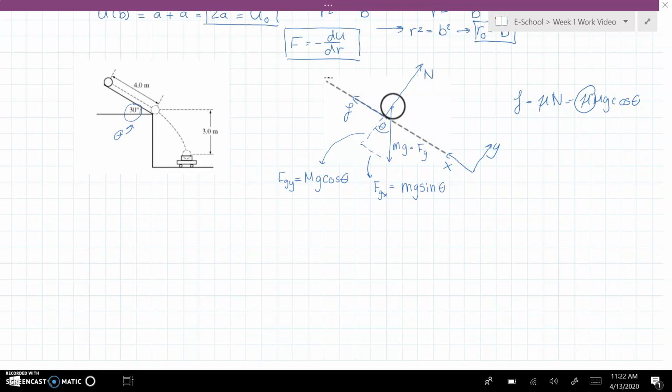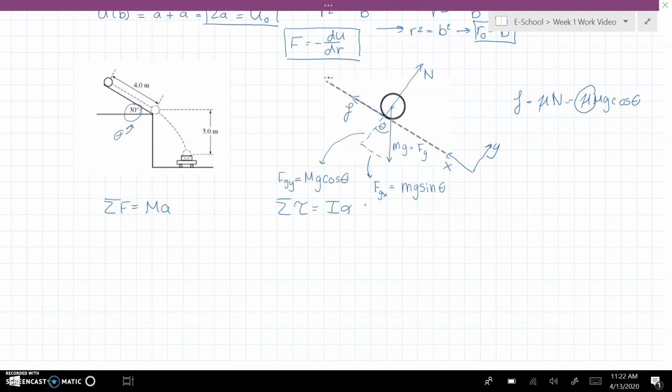So the basic idea here is I'm going to use Newton's second law, which is the sum of the forces is equal to ma, and I'm going to use it in rotational form, which says the sum of the torques is equal to I alpha. I'm going to use these two equations to solve this system and solve for the force of friction that causes the object to rotate.